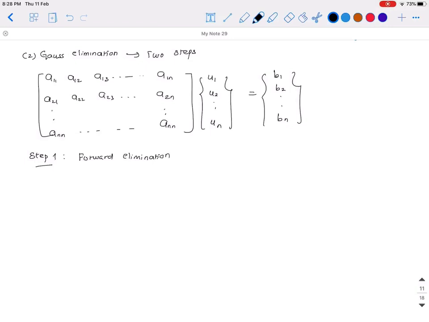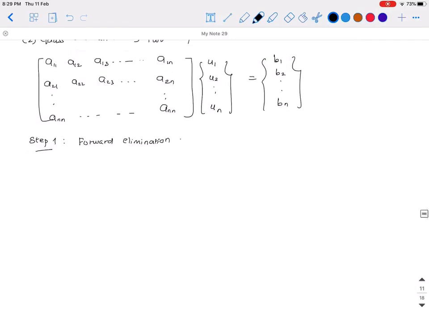In forward elimination, we perform a series of row operations and convert the system matrix into an upper triangular matrix.